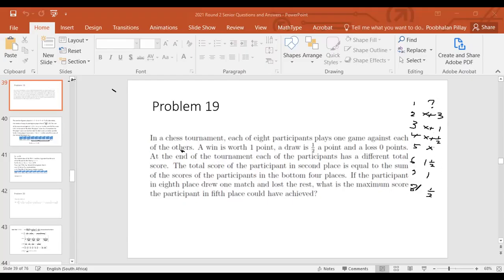I need to get to an equation. Now, where is the equation here? The equation is in the total scores. You see, each game has a score of 1 point.